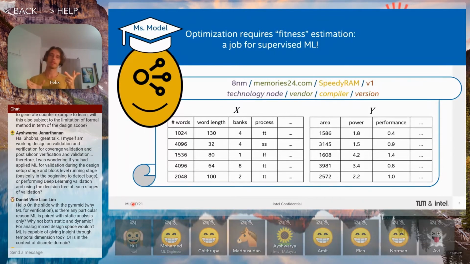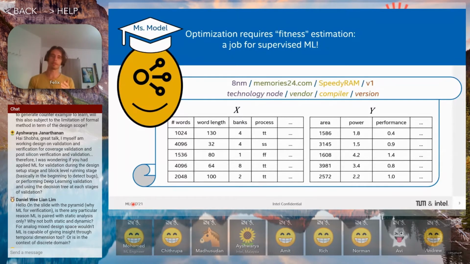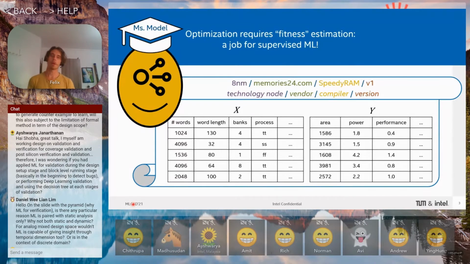So this typically includes the type of bit cell and some kind of PPA preference. So here we have a Speedy RAM, so a RAM compiler which is optimized for frequency. And lastly, we also get different versions of the same compiler. So in this case, we have version 1. And a few times a year, typically, depending on the vendor, of course, and how current this is, we get new versions for each compiler.